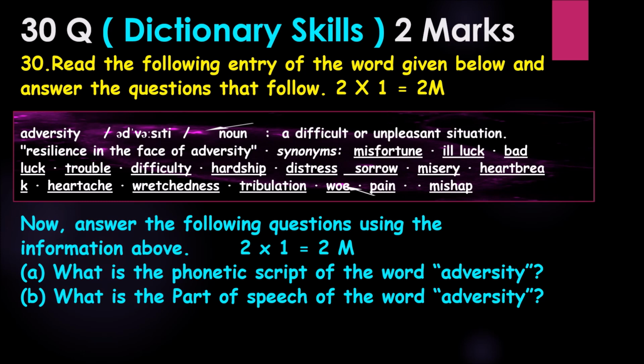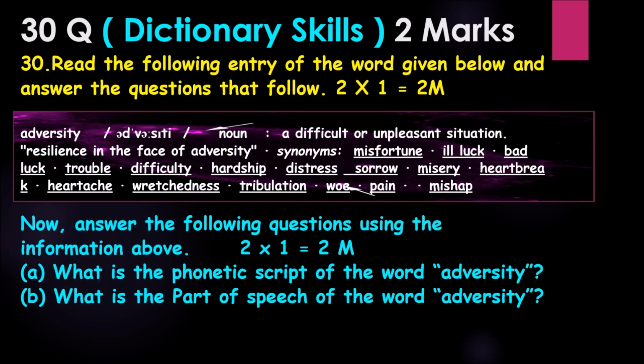And the next one is noun. It's a part of speech. And here is the meaning: a difficult or unpleasant situation, or resilience in the face of adversity. Synonyms: misfortune, ill luck, bad luck, trouble, difficulty.